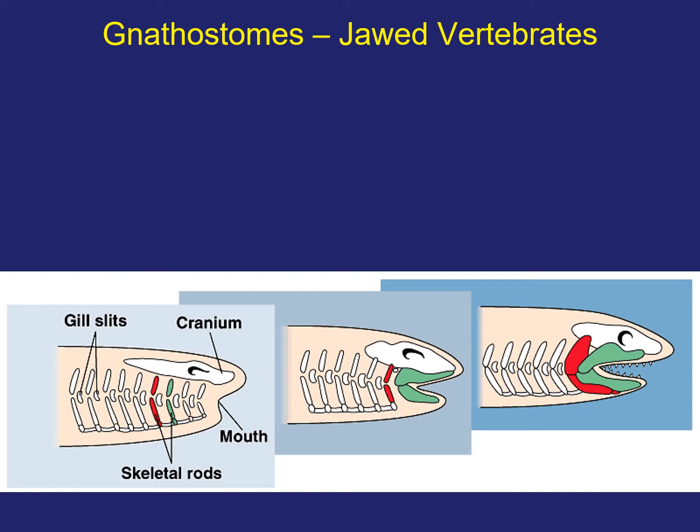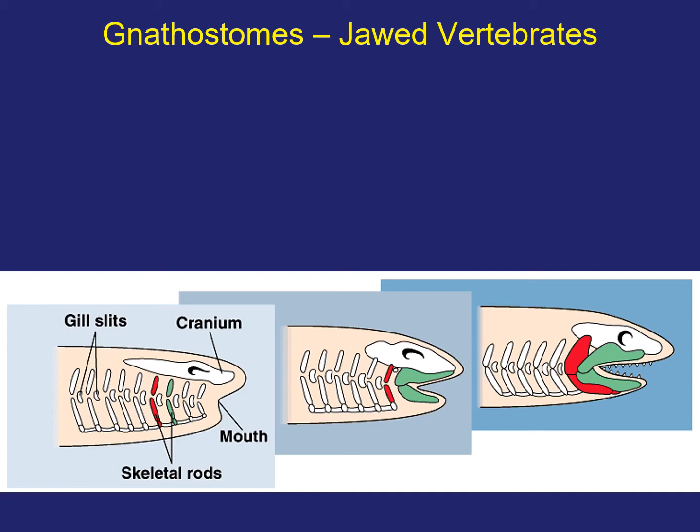They're referred to as pharyngeal arches, and they would support the gills. We're seeing two here, one set of cartilages in green, one set of cartilage behind that in red, and it's thought that together these two arches gave rise to the jaws.